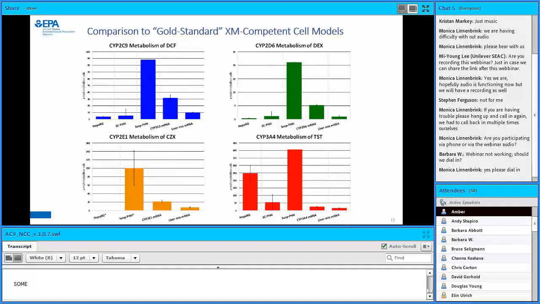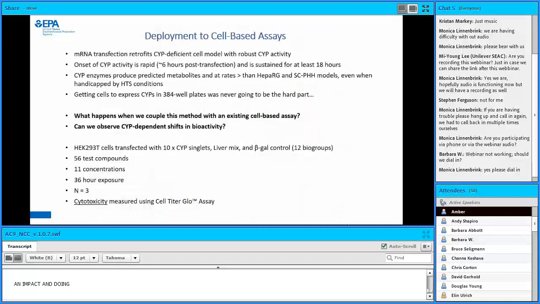What we really wanted to measure is how well we do under actual screening conditions, because our intention is to deploy this to high-throughput toxicity testing. So we tested it under those conditions. I'll touch on that a little bit later, about how much of an impact doing these studies in DMSO had, to the best of our knowledge.